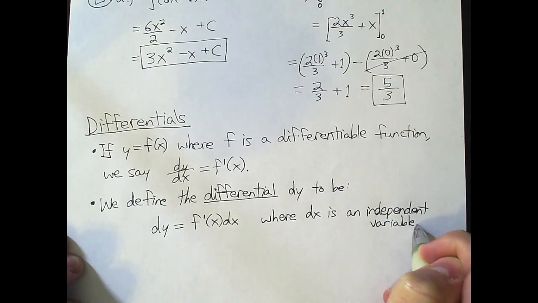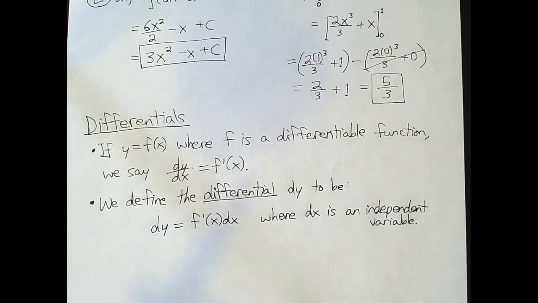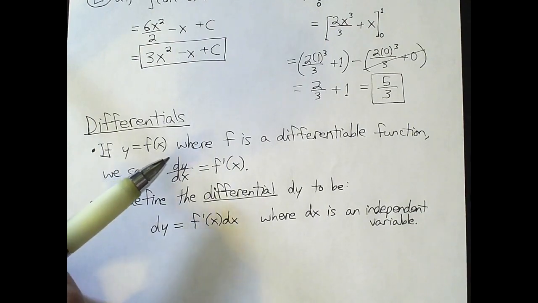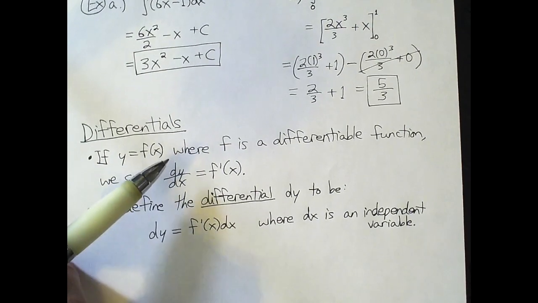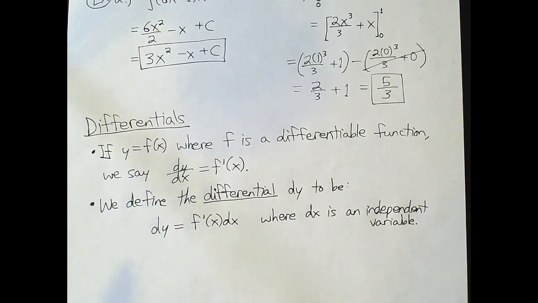So what's going on here? We have always had this notation dy over dx, and it kind of looks like a fraction, but we've always just kind of left it like that.